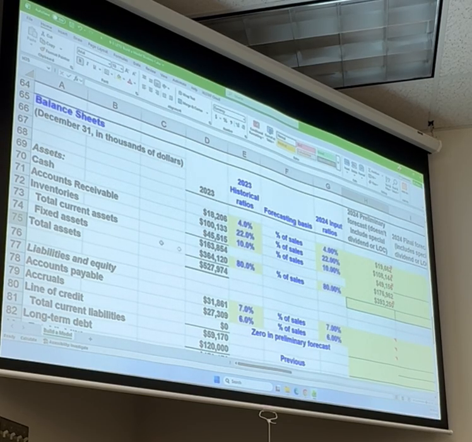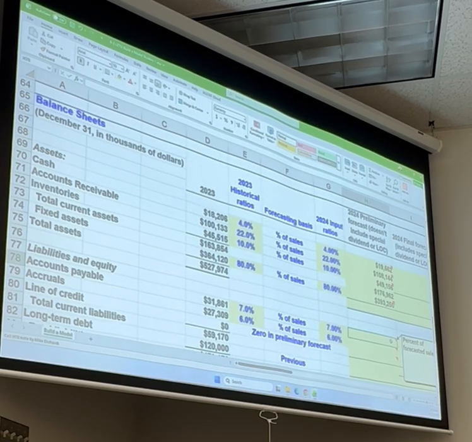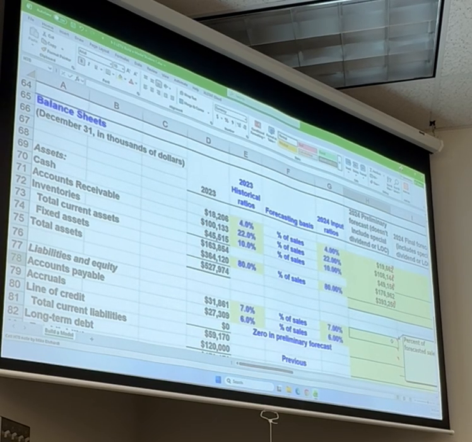Okay, that looks like a good number. Wait, that's 80% of what? Oh, of forecasted sales. Okay, so the good news is, guys, it gives you hints on most of these. That helps a lot.